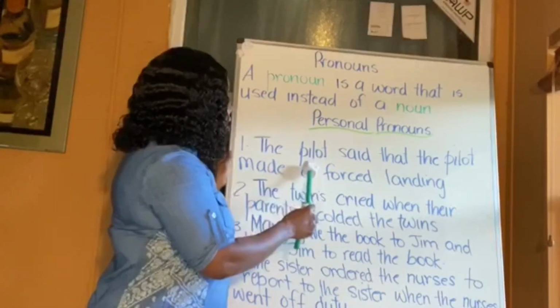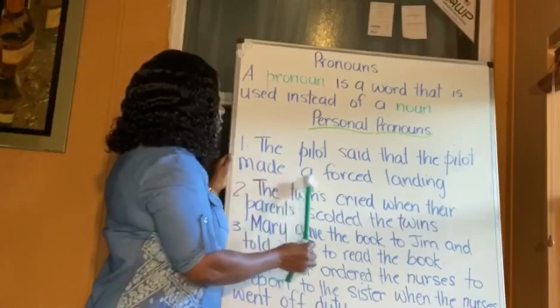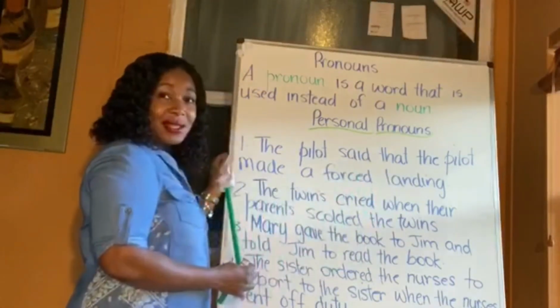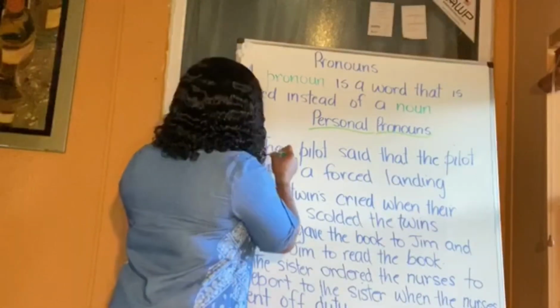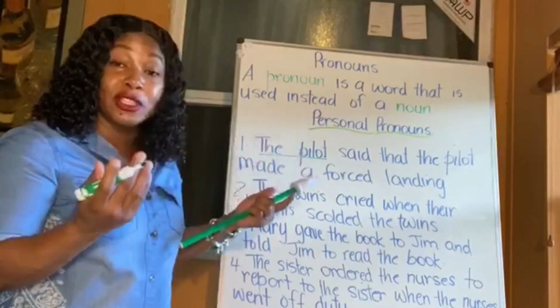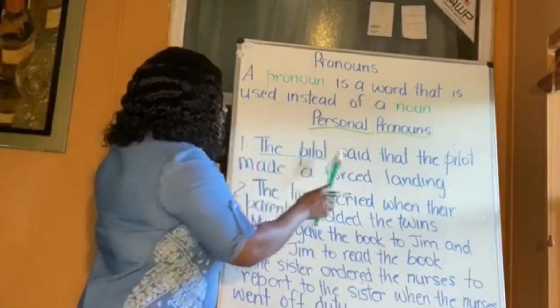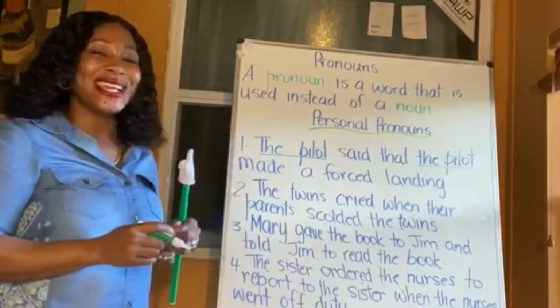The pilot said that the pilot made a forced landing. So in this sentence, we are referring to the pilot. That's the noun in the sentence, the person we're talking about. The pilot said that the pilot made a forced landing.